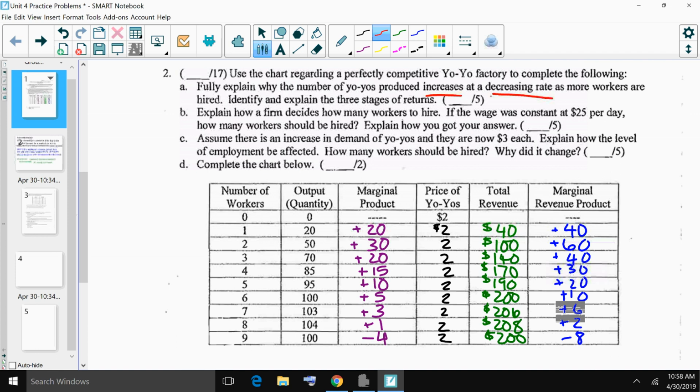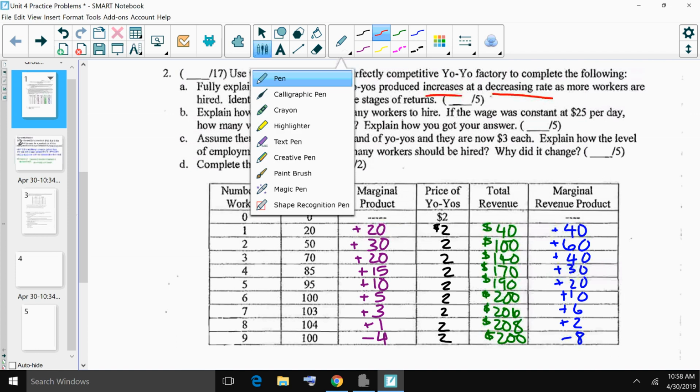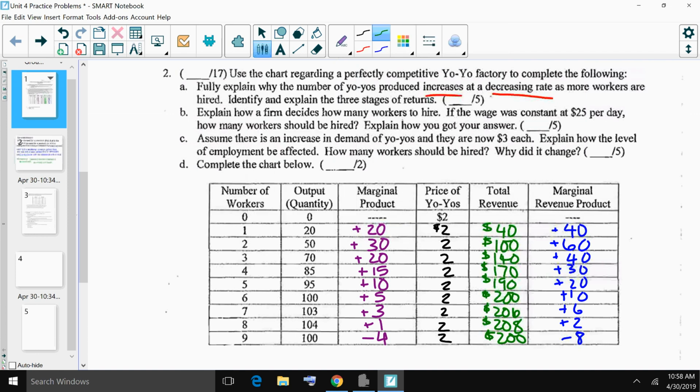So let's see if I can get this to work for me. Ready? All right. See if that works.